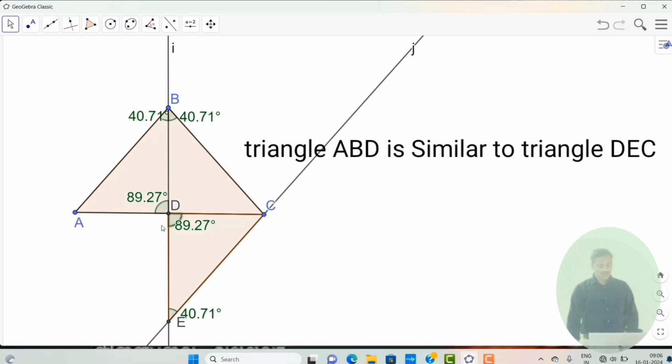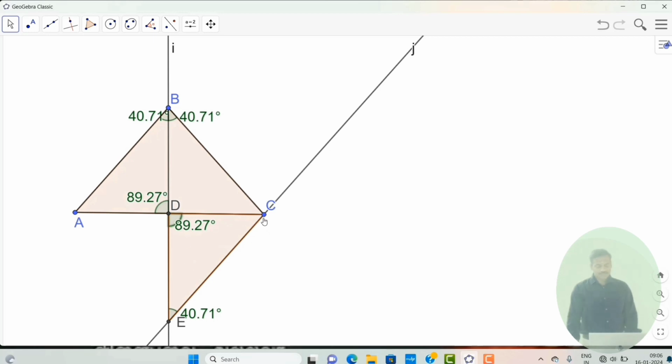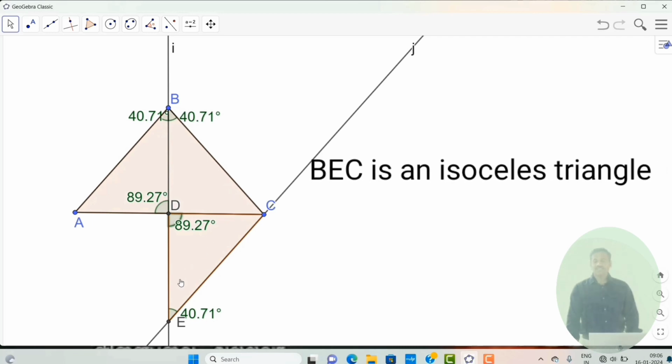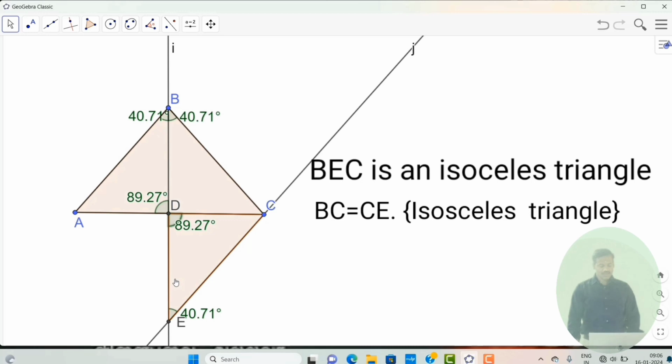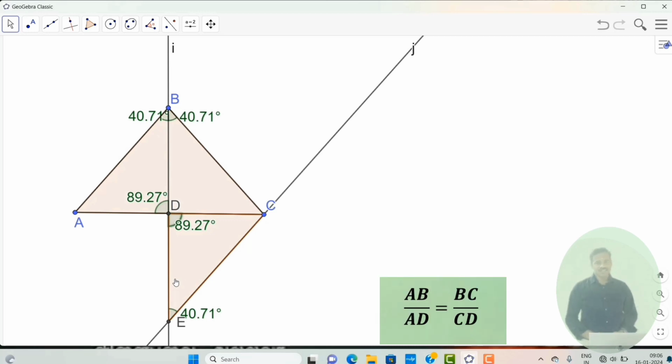Now let us write the ratio: AB by AD is equal to EC by CD. And EC is nothing but BC because these two are the same, right? So AB by AD is equal to BC by CD. This we have proved in GeoGebra.